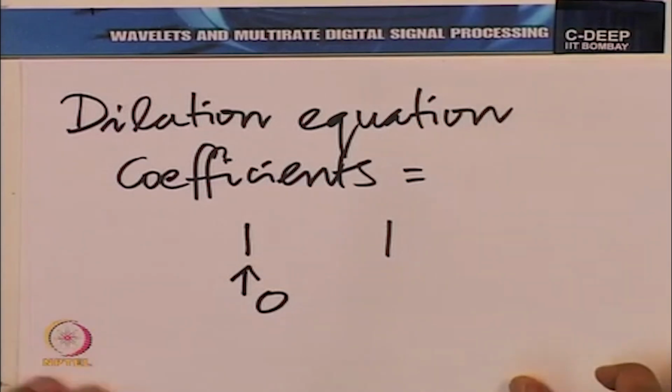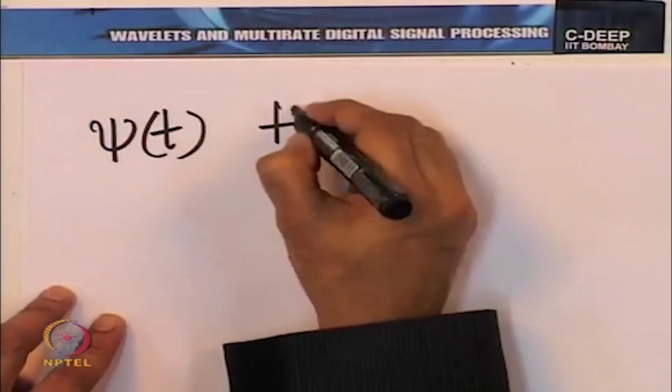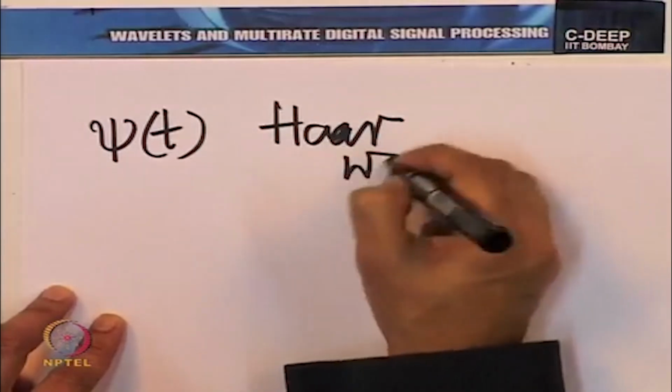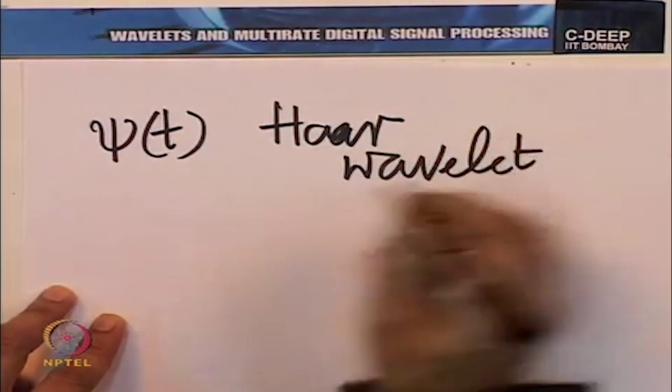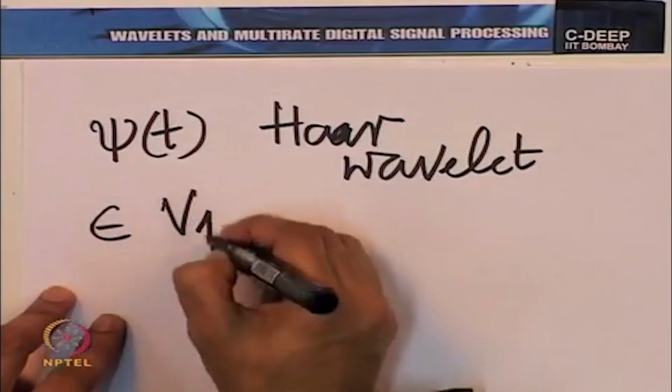Let us carry out a similar exercise for the wavelet now. So, let us take the Haar wavelet and let us express the Haar wavelet also in terms of the basis of V 1. And what is our ground for doing so? Let us put it down clearly. You see, recall that psi t, or the Haar wavelet, for example, also belongs to V 1.